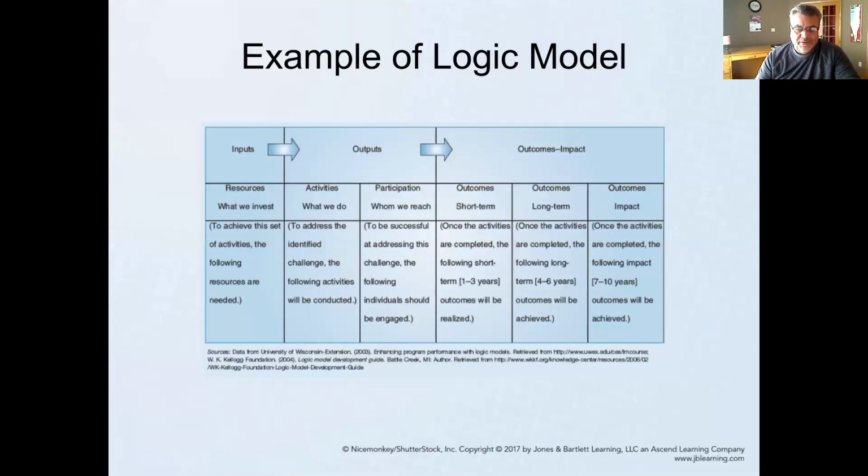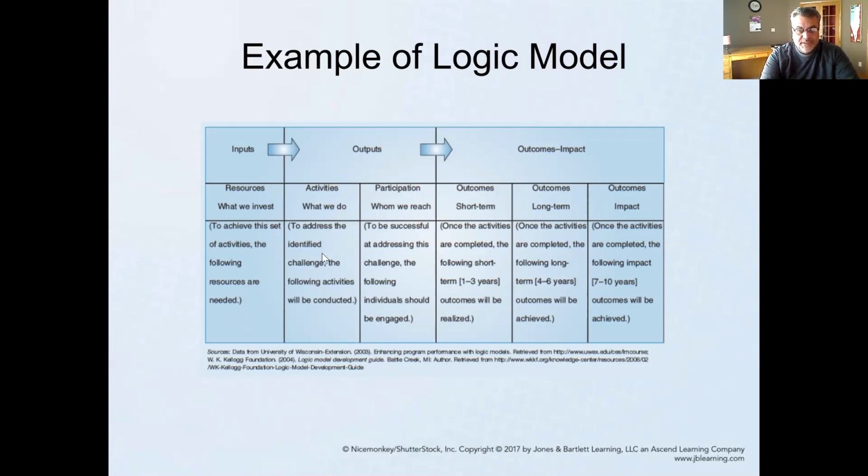We'll talk a little bit about those definitions later, but basically, you put together a plan where you decide on your resources, activities, participation, and outcomes. For example, under resources, what we invest, how much money we need to put into it, and what we put into this project.